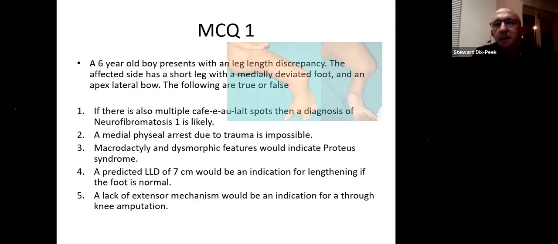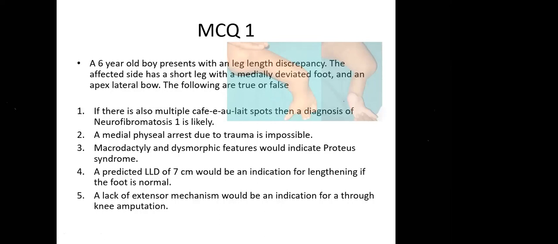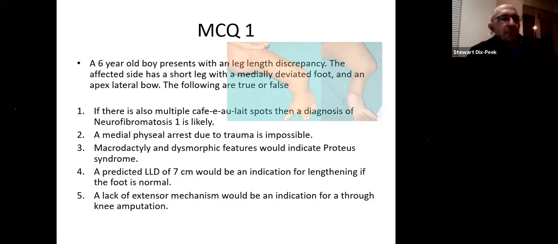As designated linguist now, Barry, a leg is what? The portion between your ankle and your knee. Correct, yeah. So that's a leg. When we want to say thigh, we say thigh. And when we say lower limb, we say that. So you've got a short leg with a medially deviated foot. So there's something going on here, either tibia or fibula.